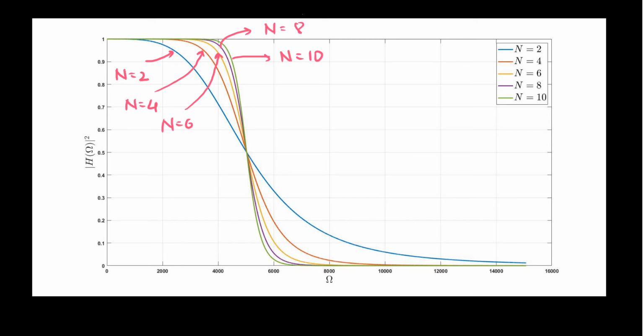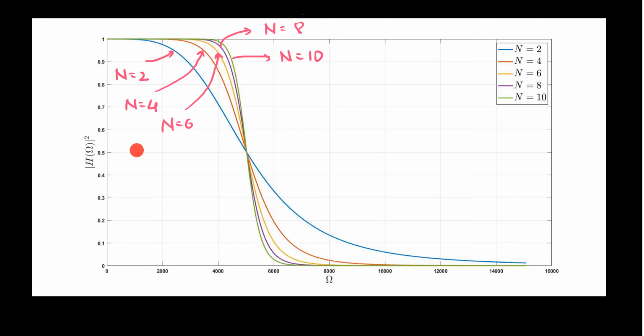So what we can observe is that for all the values of n, we have a frequency response which is similar to that of a typical low pass filter. That is, the frequencies lower than the cutoff frequency, which is around 5000, are passed, whereas all the other frequency components are well attenuated.